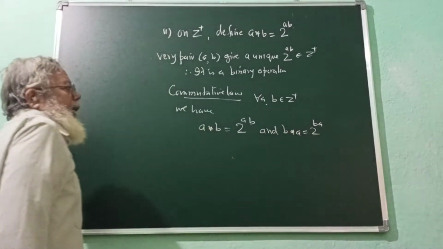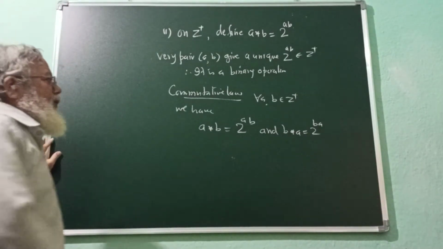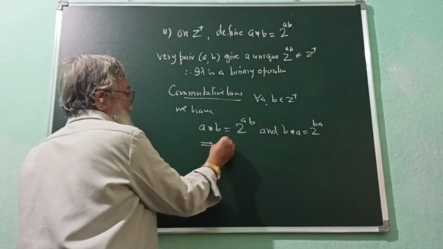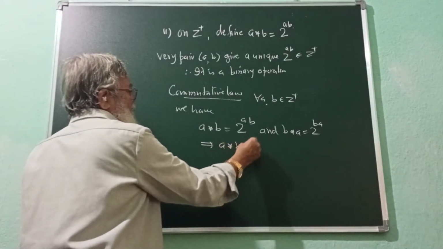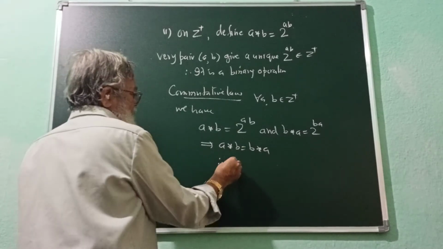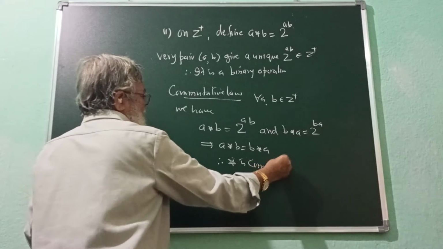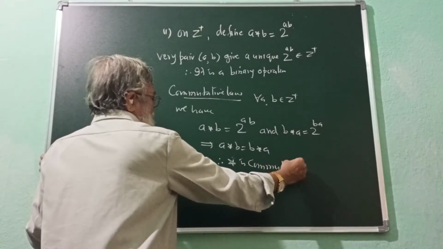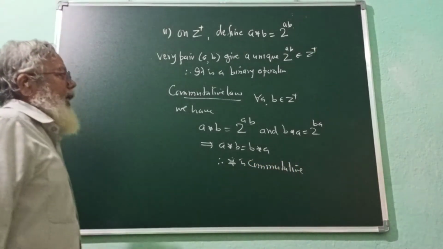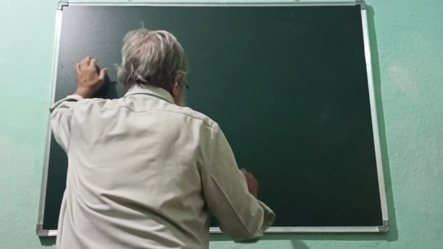But we know AB and BA are equal. Therefore we can write that A star B is equal to B star A. Therefore star is commutative. Now we have to check up for the associative law.